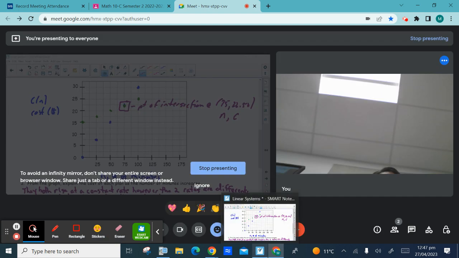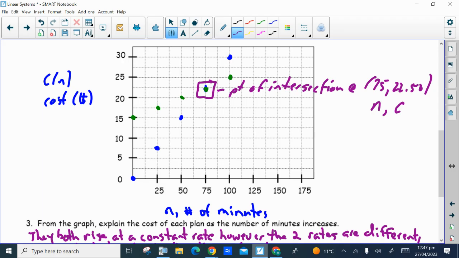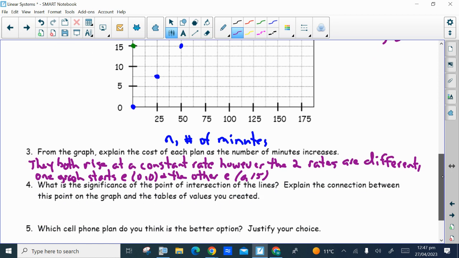And how we interpret that, this is the point where the cost is the same for both plans. That's what that tells us. Both plans have the same cost of $22.50 at 75 minutes. That is what is significant about the point of intersection.